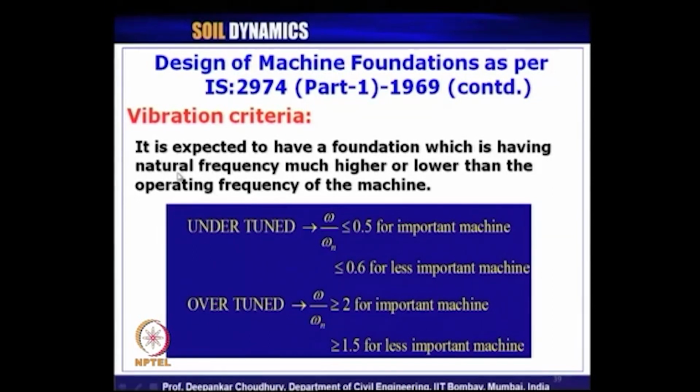So, the natural frequency of the machine plus foundation system should be much higher or much lower than the operating frequency of the machine. Now, there are two cases mentioned: one is called undertuned, another is called overtuned. What are these? Let me explain.